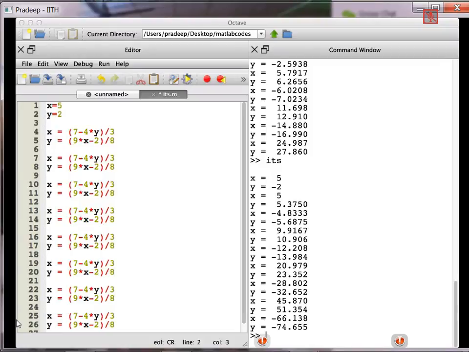So the solution is not converging. Right now I don't know why it is not converging. So let's discuss this in the next lecture.